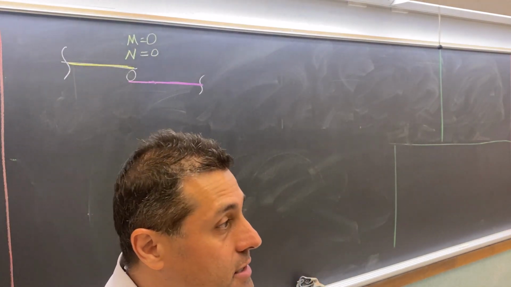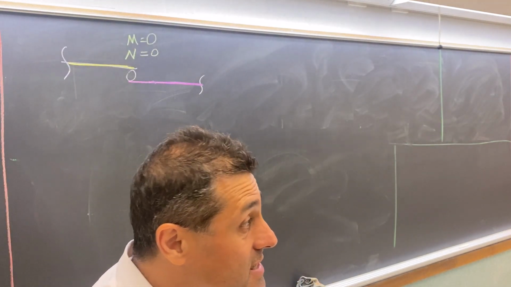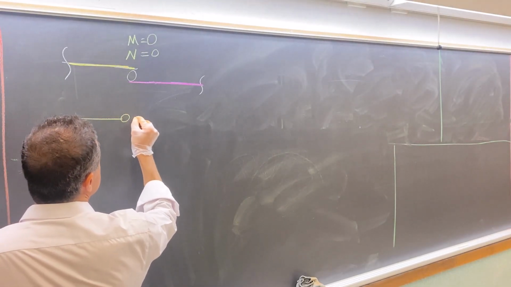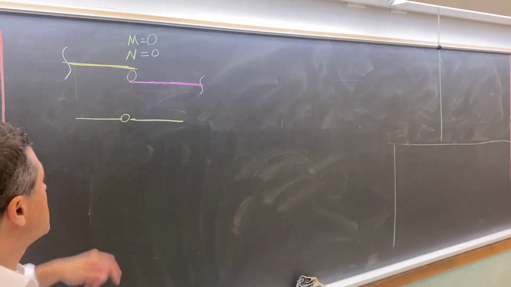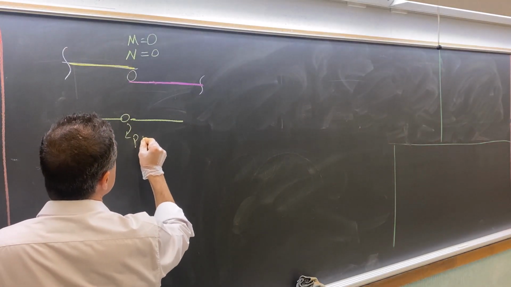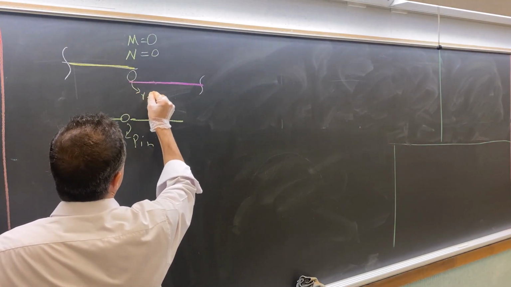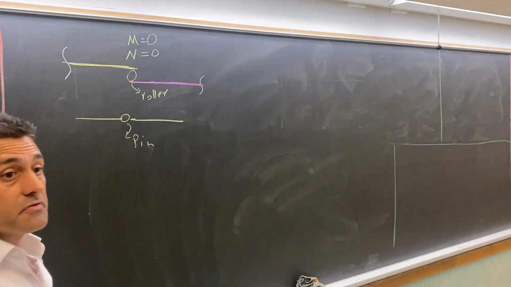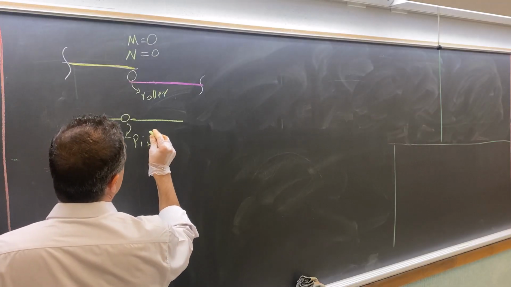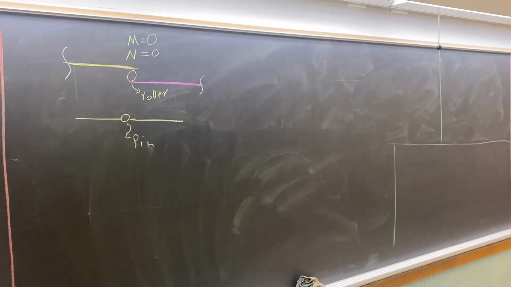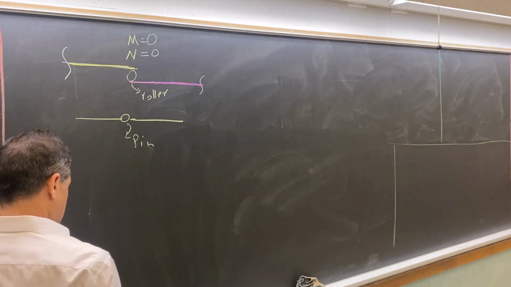It's a roller. It's not a pin support. So these two connections are different. This is pin connection. This is roller connection. They are different. So when it comes to pin, we say moment is 0. Only one condition equation. When it comes to roller, we have two condition equations.